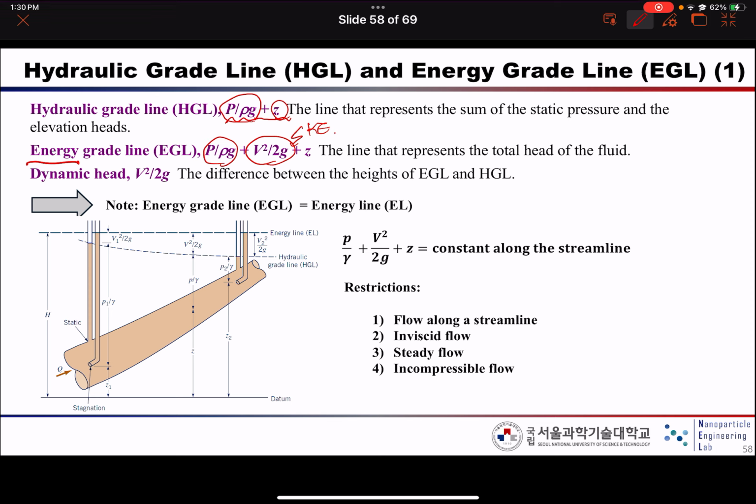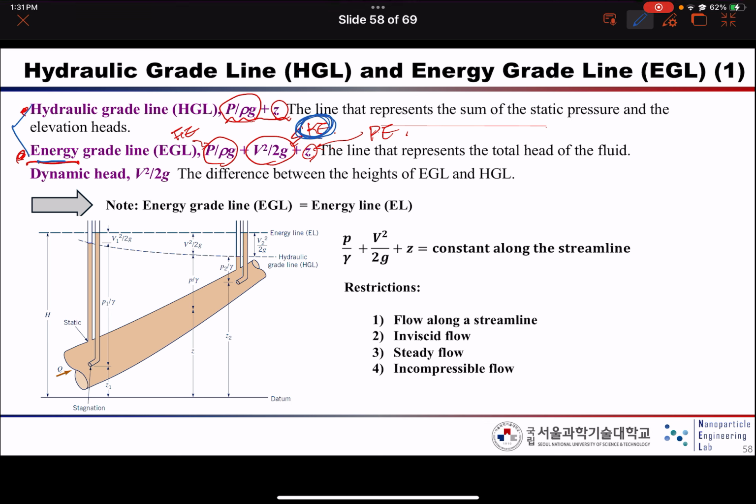Okay, so this one represents the flow energy, this one represents the potential energy. So these two concepts are a little bit different, but the reason why we differentiate these two is that we need to differentiate the kinetic energy.